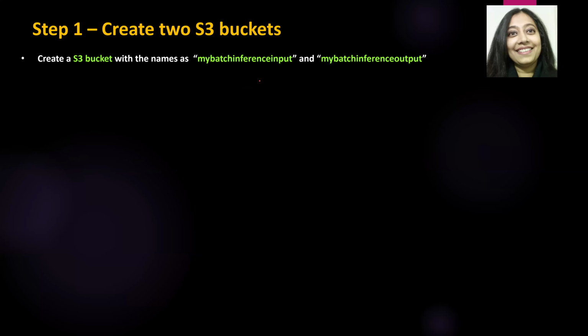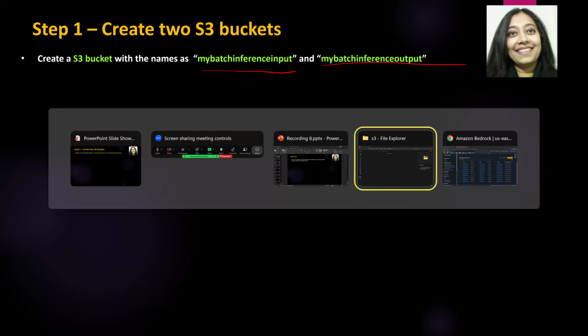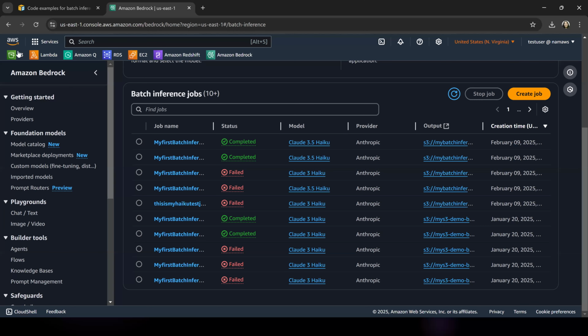Step 1. So let's get started. The first thing that we are going to do is we are going to create two S3 buckets. Now I am going to use these names as my batch inference input and my batch inference output. You can use any name that you like. So let me go to the console. This is the console. Let me go to S3.